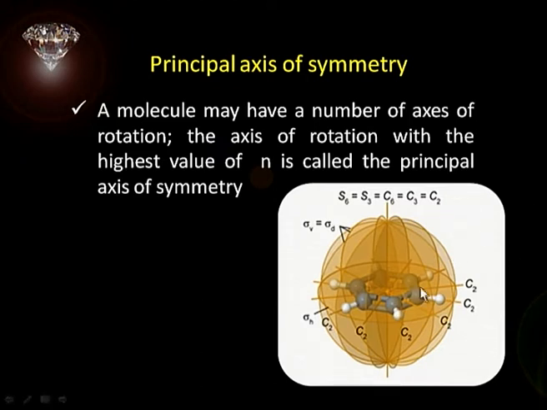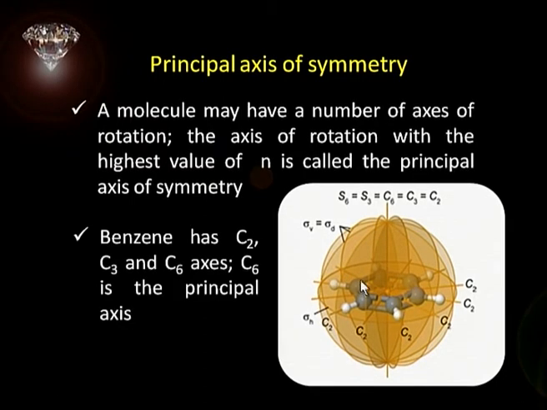Benzene has a variety of symmetry elements possible. You see that it has a C2 axis, another C2 axis, a C6 axis, a C3 axis, and there are certain S6 and S3 also, which we will explain a little later. So benzene is a highly symmetrical molecule. Since it has C2, C3 and C6 axes, C6 is the one with the highest value of n. So, this will be called the principal axis of symmetry.